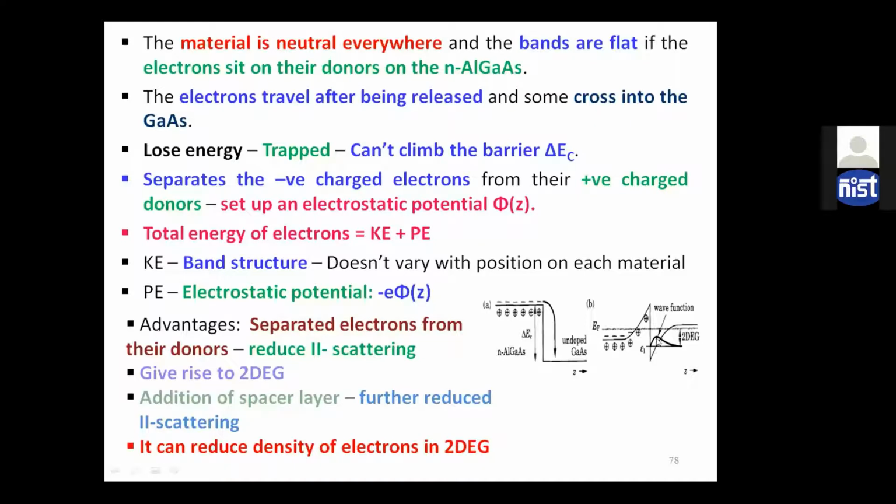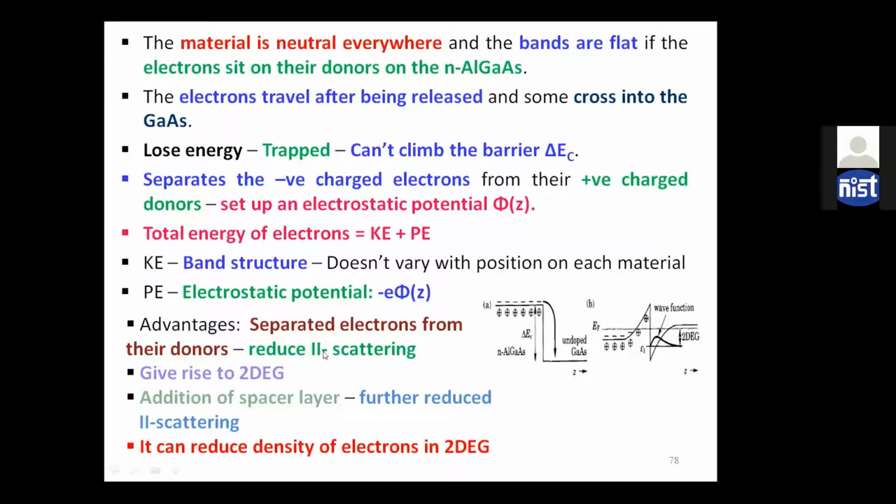So now the electron will behave here as a two-dimensional electron gas. What are the advantages we get due to this modulation doping? Here it separates electrons from their donors. Donors are in AlGaAs, electrons are in GaAs. As they are separated, it can reduce the ionized impurity scattering.